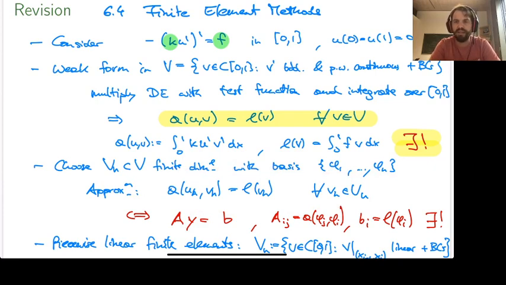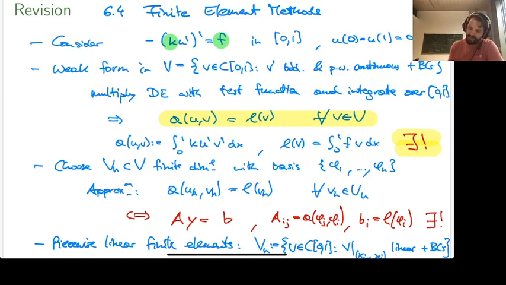So clearly, we have fewer conditions, and therefore we don't have the same solution. We have an approximation. But the finer this space gets, so the higher dimension this space gets, the more we hope it approximates the problem.